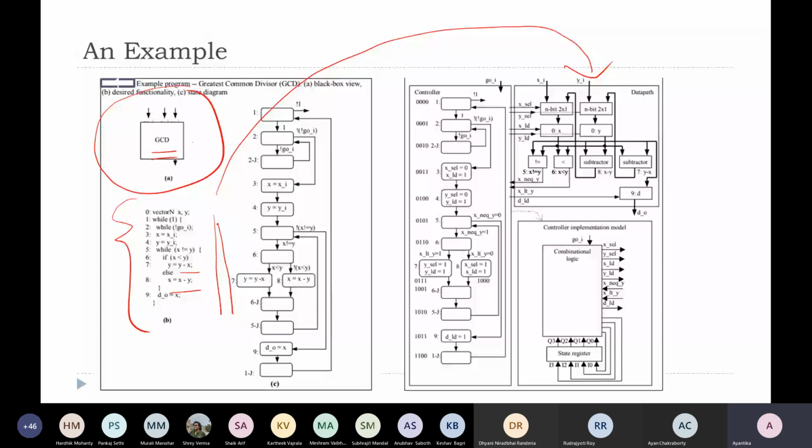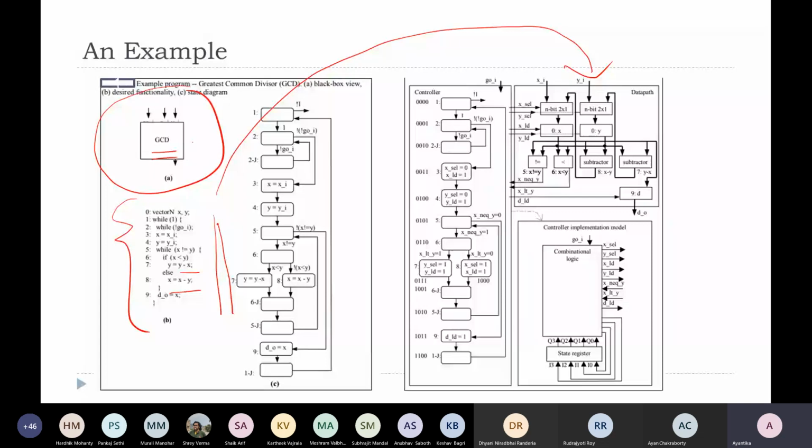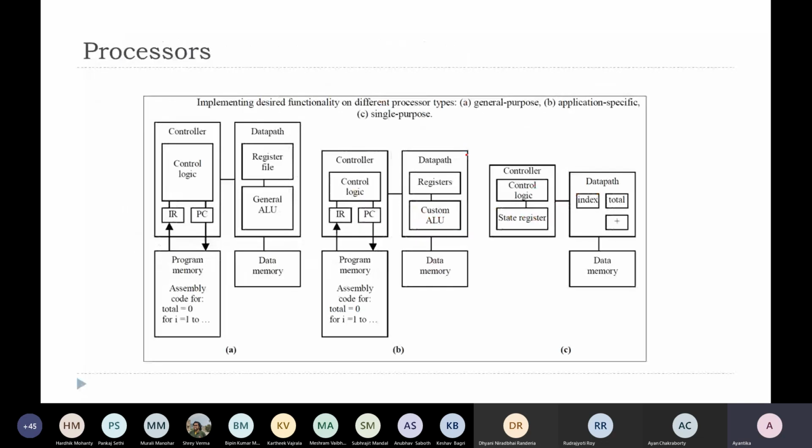For that, again the same thing: either you go by instruction, you just write the instructions and everything is taken care of by your processor, that is your general purpose processor that you have. We can go back to this diagram now.